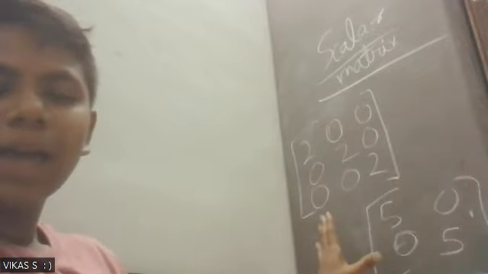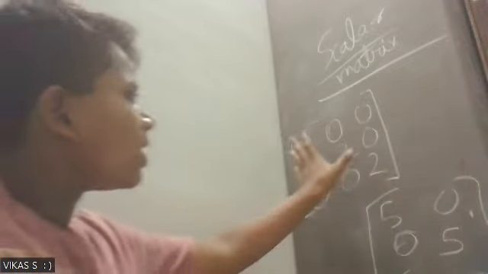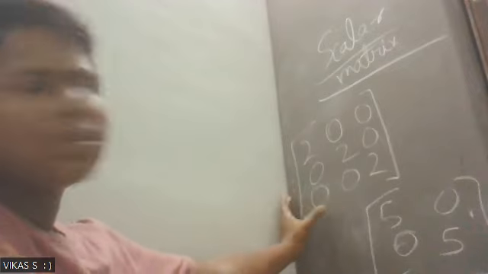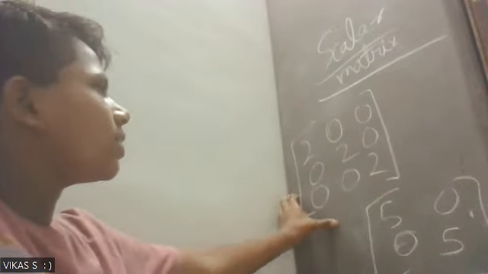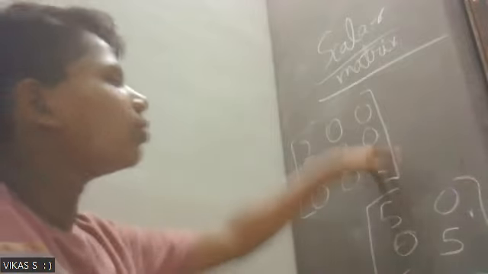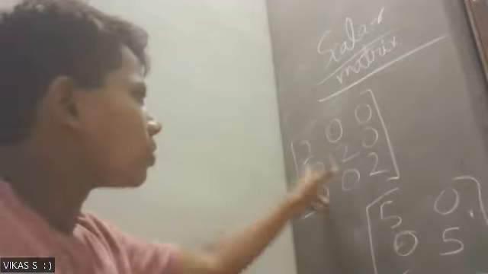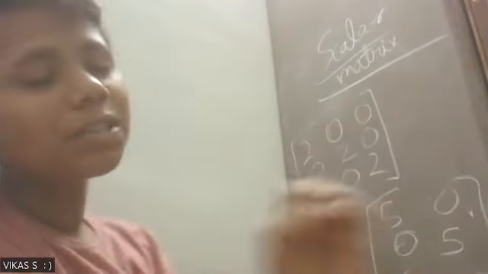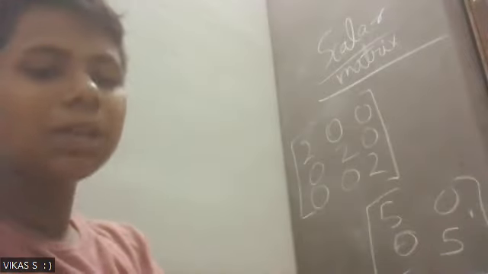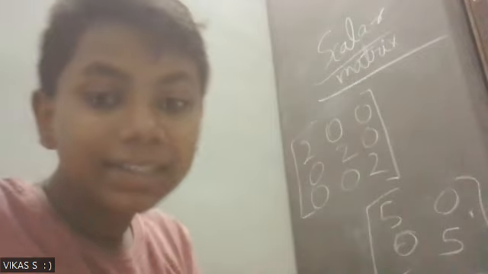There's some similarity: 2, 2, 2, and the others are 0. So a matrix whose numbers on the principal axis are the same is known as a scalar matrix.